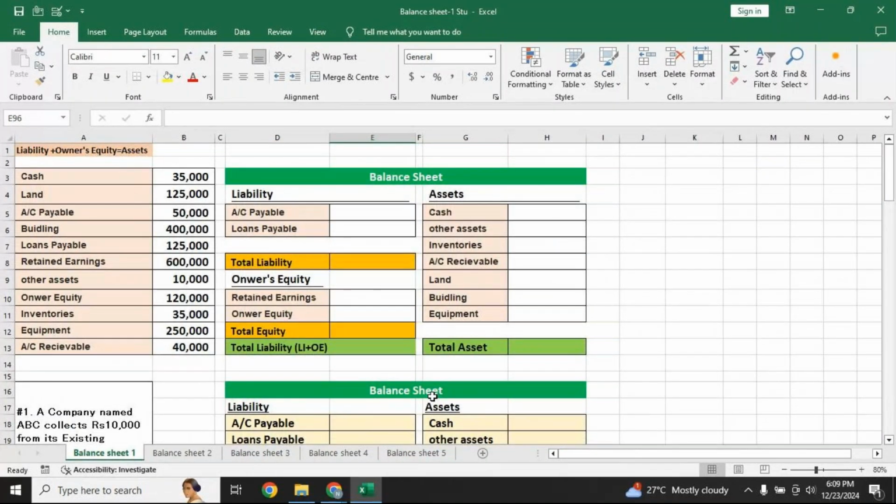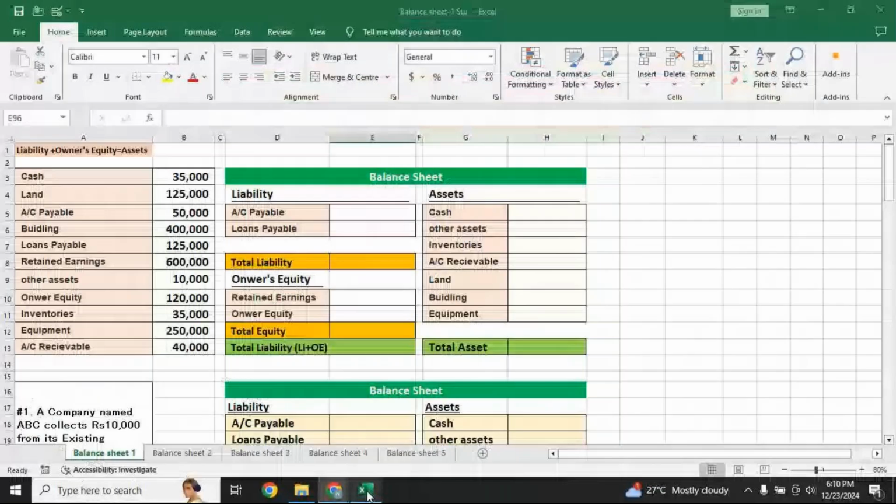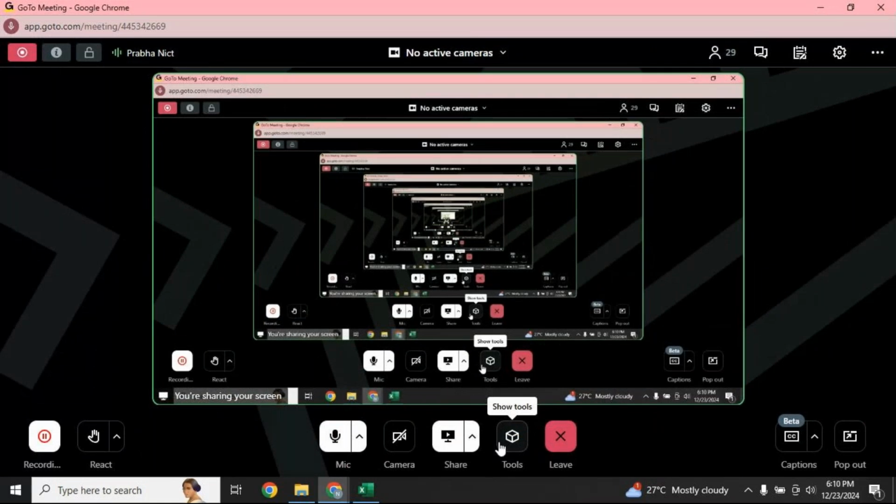So download this file, balance sheet, and open the sheet number 1, balance sheet 1. Type in 1 if you people have downloaded the file.